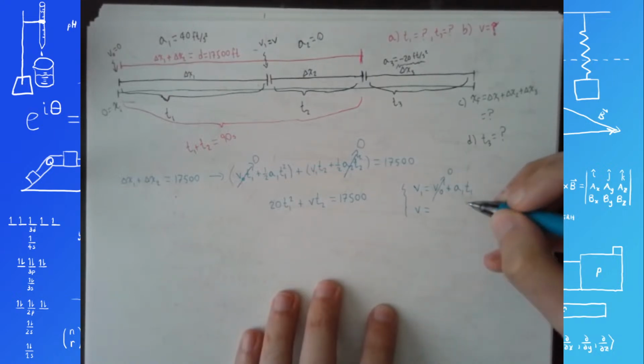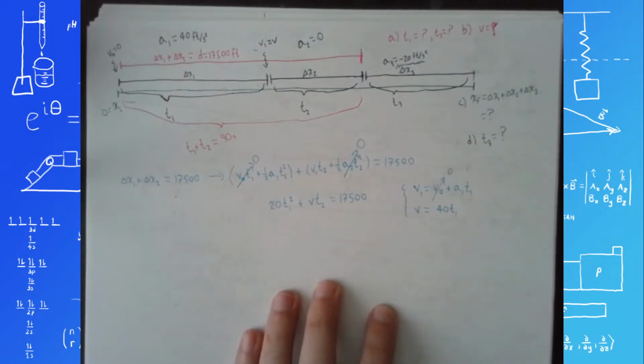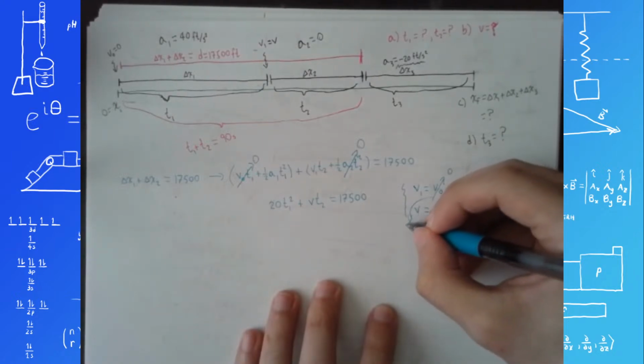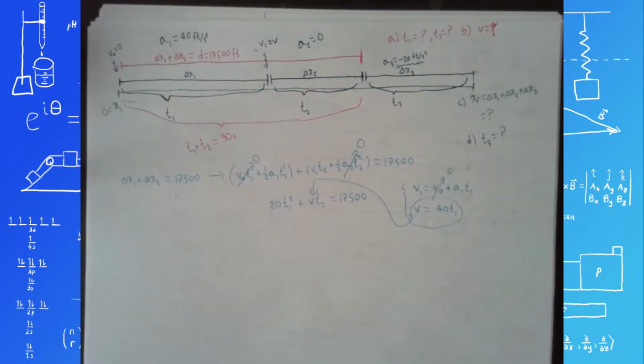And then 40 times t1. Okay, there we go. So v equals 40 t1. We can plug that in here, and let's see what that does for us. Let me flip the lights on.